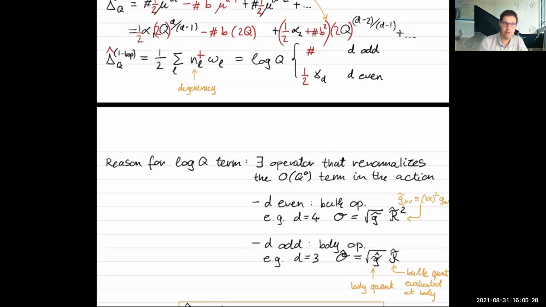It can have a divergent coefficient, and so it leads to a logarithmic correction in the one loop Casimir energy. And if you do the computation in an actual setup, then you can see this, and you indeed find this.